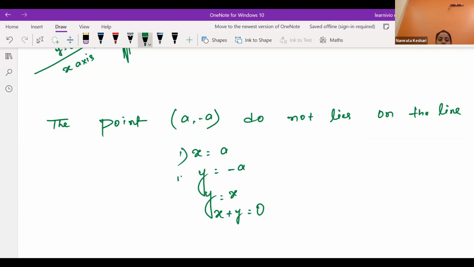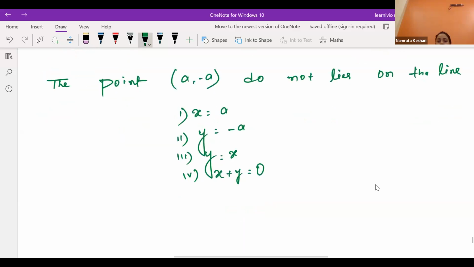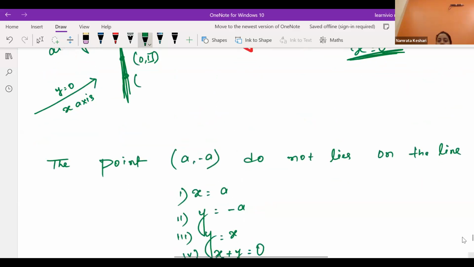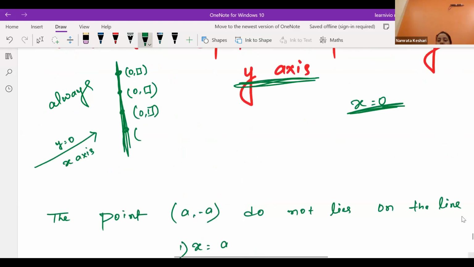Options are given over here. x and y are equal. Yes, it will be. Okay, x and y are equal.